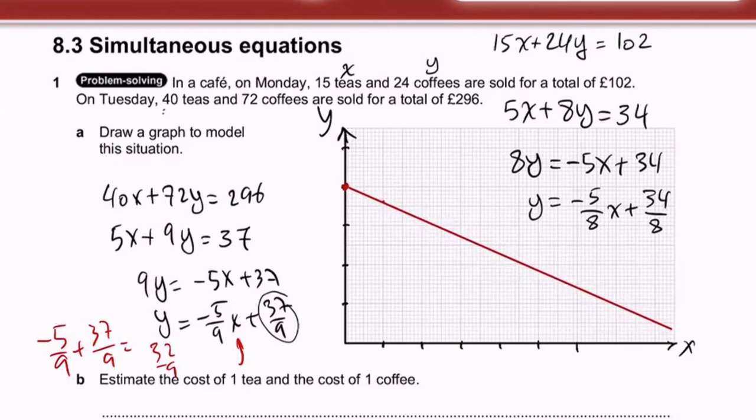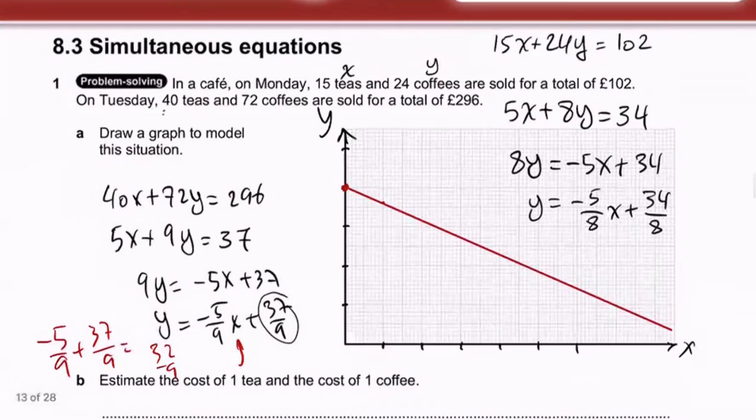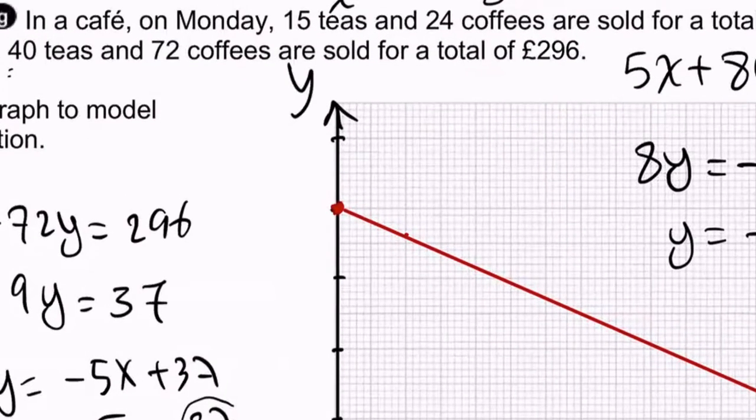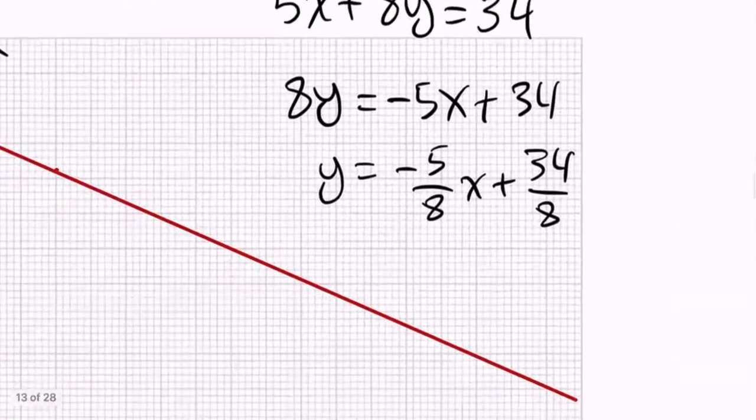Okay, then let us draw the other one. 34 over 8 equals 4.25. So it will be here. Let us draw in green. Okay, and let us substitute x equals 1.